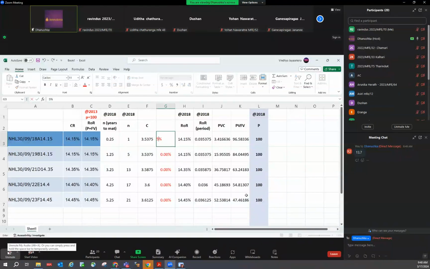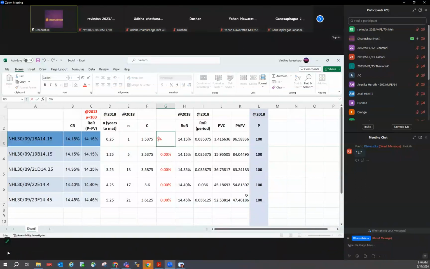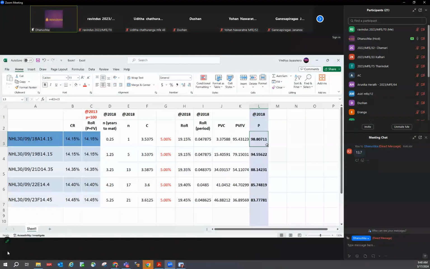So let's increase my interest rates by 5%. What do you see? When interest rates increase by 5%, do you see that this bond has come down? The first bond with 1 quarter to go, from 100 rupees in 2013, is now only worth 98 rupees.